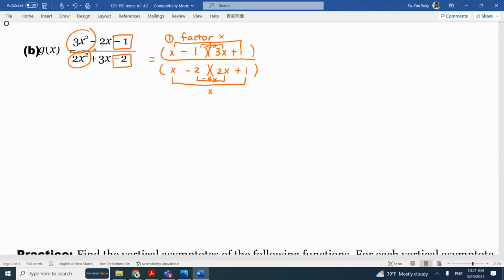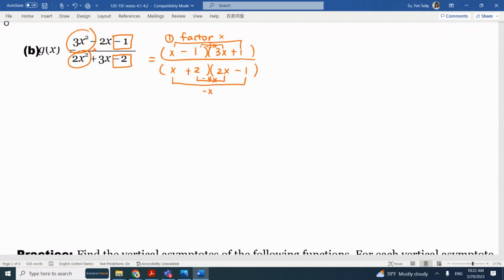Negative 3x, but we get 3x. It's off by a sign. Then what do we do? Yeah, flip them. Okay, so therefore this is plus and this is minus. Now check again. Multiply the outside, we get what? Negative 1x.